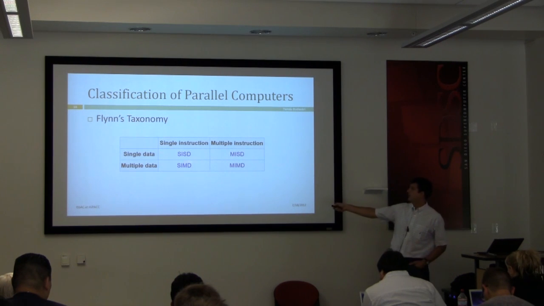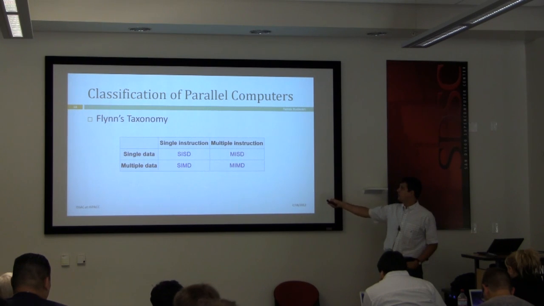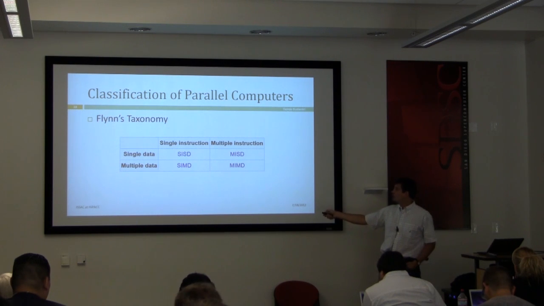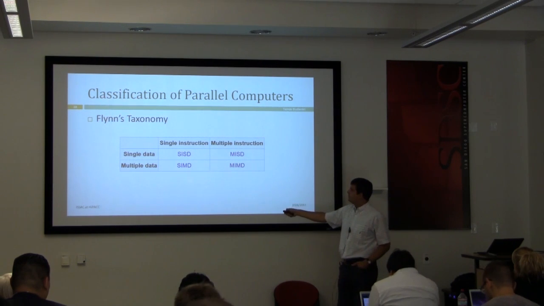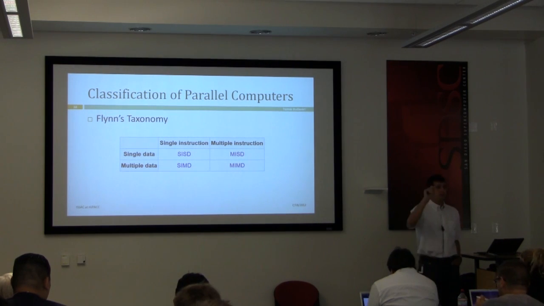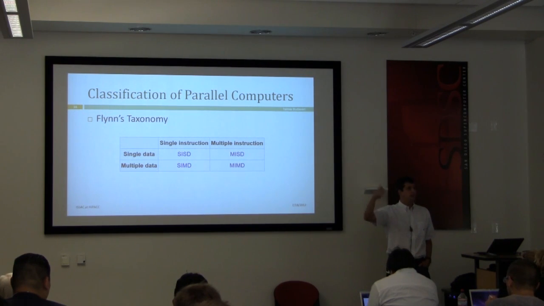So that's SISD. Now you have multiple instructions, single data. That's very rare. But there are some machines like that, I was told. I haven't seen one yet. What's more important, and this is what we'll talk about mostly today, is single instruction, multiple data. So you have a single instruction coming in that actually works on multiple data in parallel.